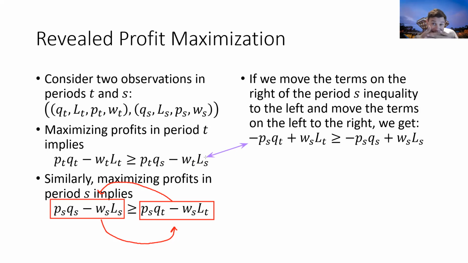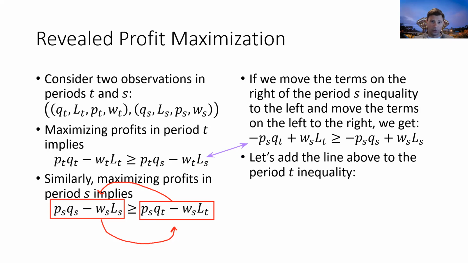So if we combine these things, we will be getting really one inequality that summarizes the profit maximizing conditions in not one period, but both periods. So let's go ahead and add these things together.